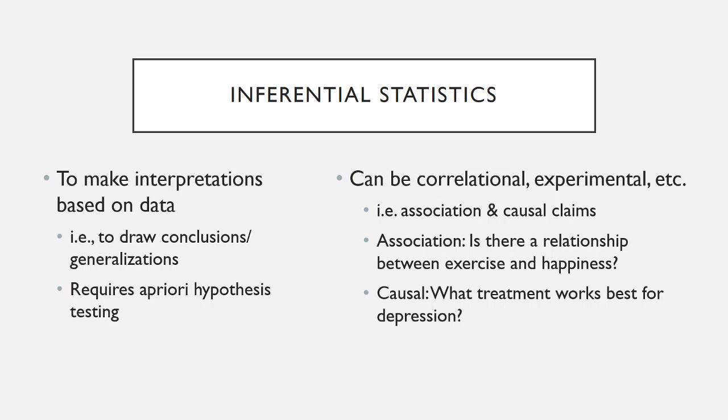In terms of trying to evaluate causal claims, this is going to be a slightly more intense sort of research design. The language for each kind of claim is distinct, and so I would just encourage you to keep an eye on these research questions and research claims to figure out what sort of language is at play there. But again, these inferential statistics are a bit more advanced. We need to build up our knowledge of descriptive statistics first because those undergird our ability to do our inferential tests.